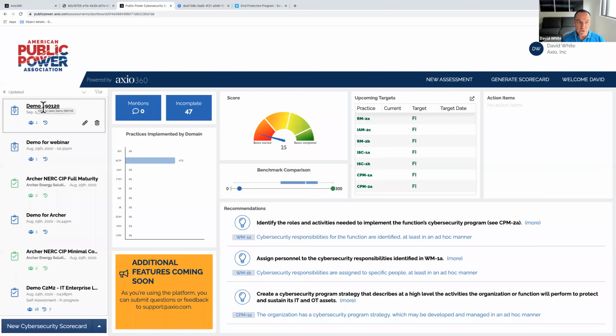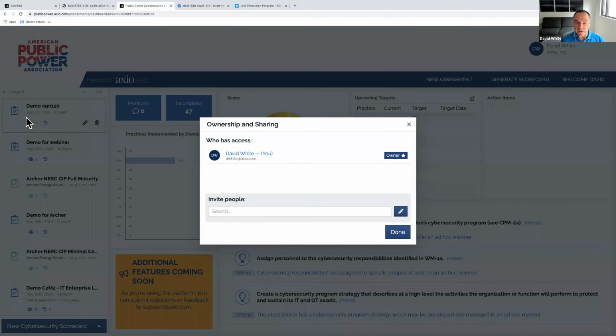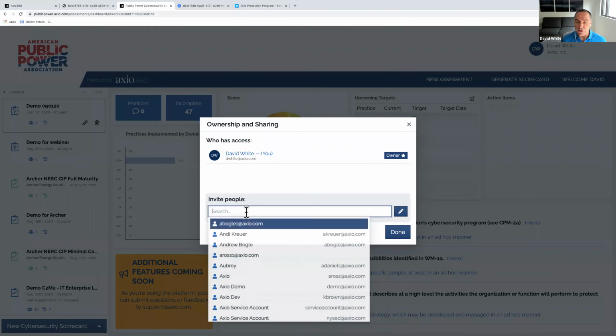And you can also share an assessment by clicking on that sharing icon. If there are other people registered from your organization, in other words, from your top level domain, then when you click in this window of invite people, you'll see their names here, right?